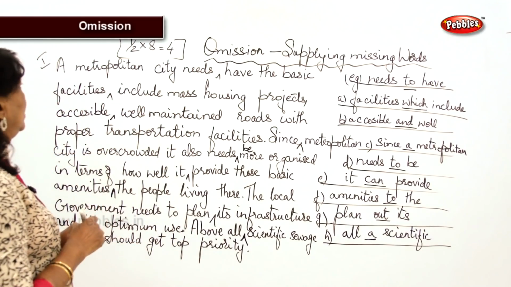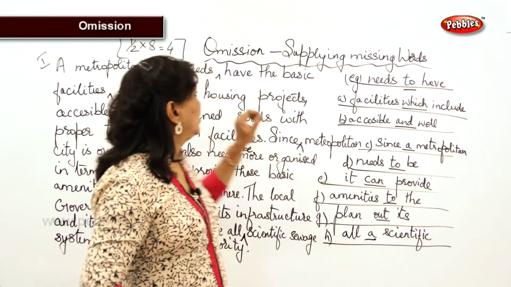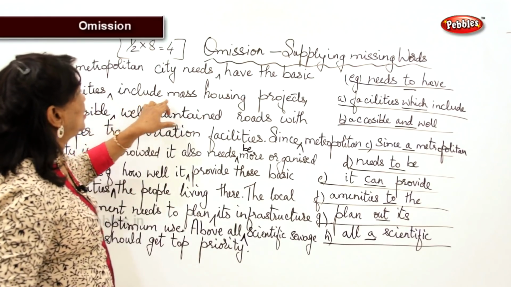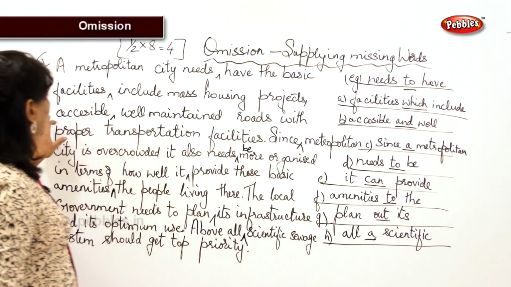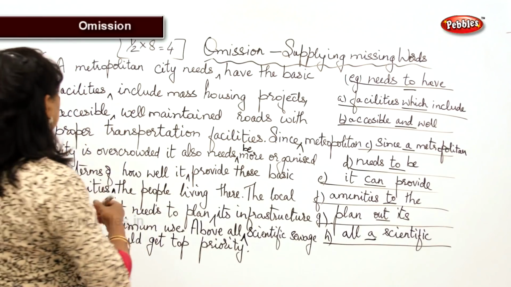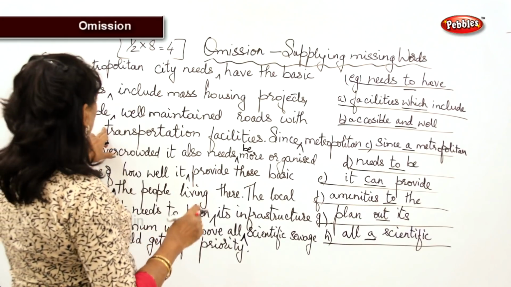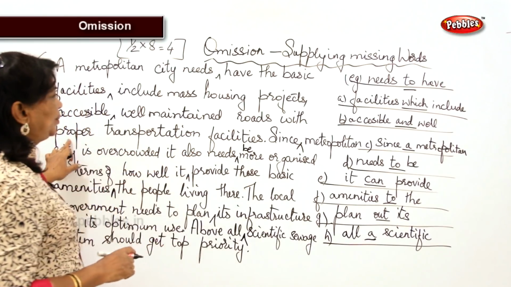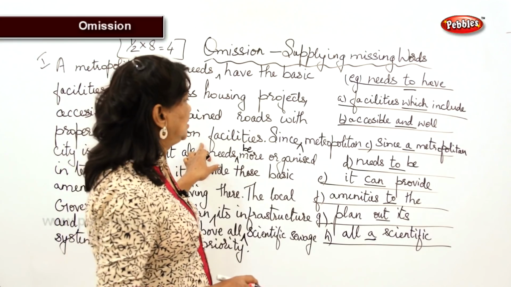Okay. A metropolitan city needs to have the basic amenities which include mass housing projects, accessible and well maintained roads with proper transportation facilities.